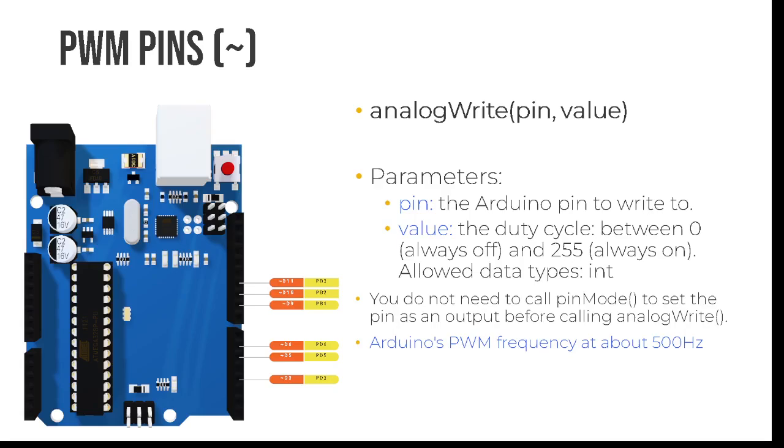We just tell the pin. It can be just these pins, 3, 5, 6, 9, 10, 11. I think I got it right. Okay. And then the value. The value is the number between 0 and 255. If I send 255, I will be sending 5 volts. If I send 128, I will be sending 2.5 volts, right? Half of that. If I send a 0, 0 volts, right? So I can send whatever fraction there, right?